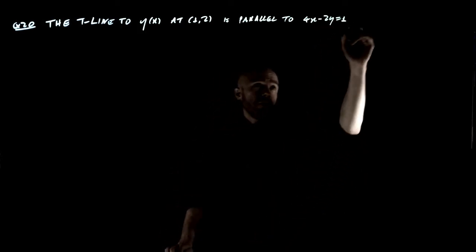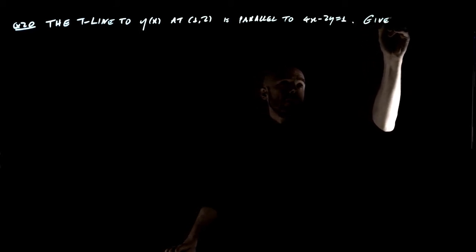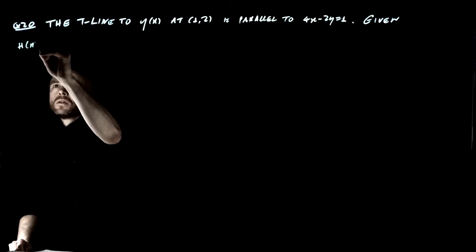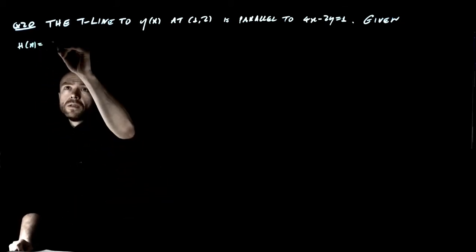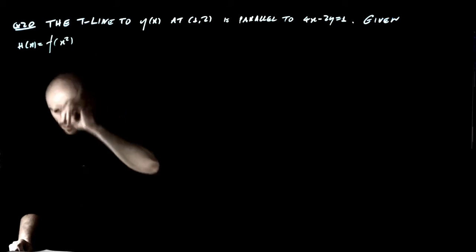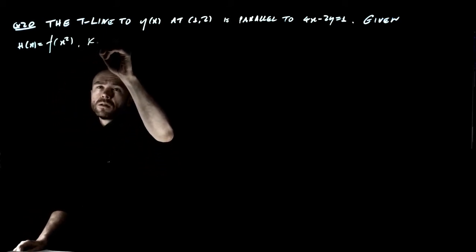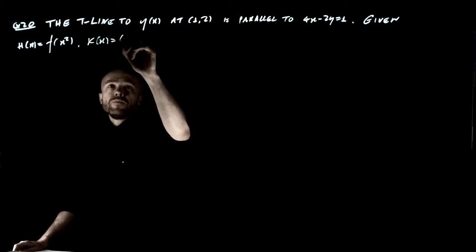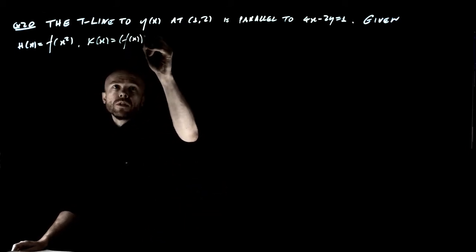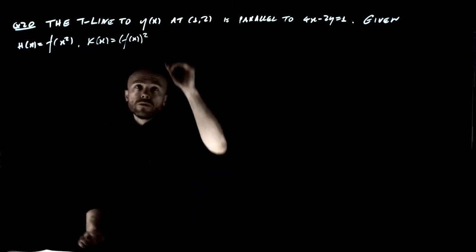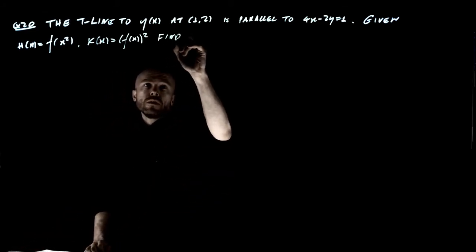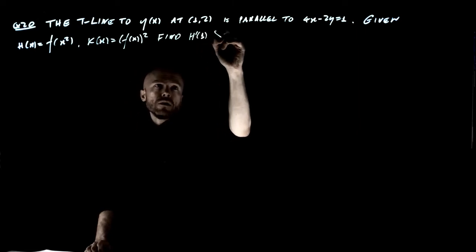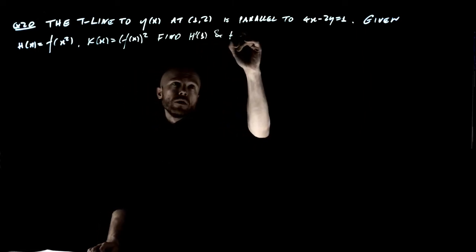And then it says given h of x, which is f of x squared, find h prime of 1 and k prime of 1.